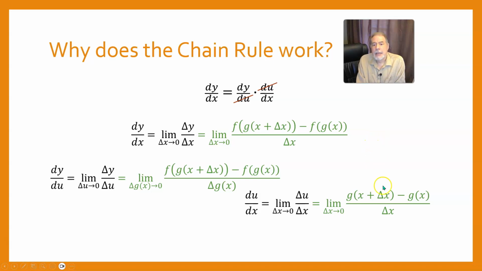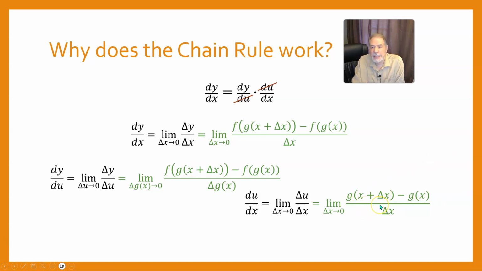But as delta x approaches 0, x plus delta x would be approaching x plus 0, or just x. And because we're assuming that g is a differentiable function, it must be a continuous function.